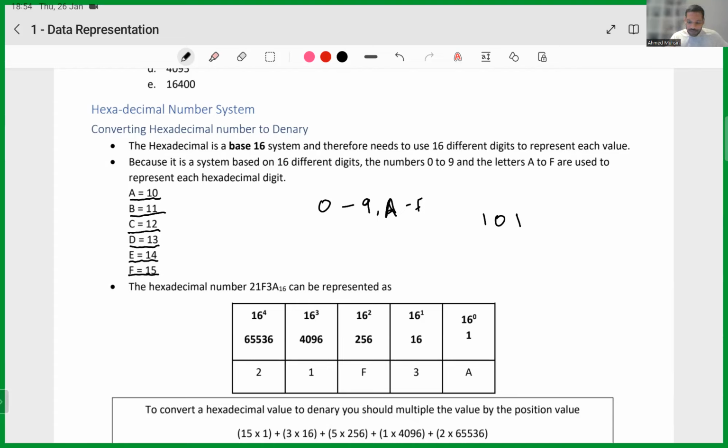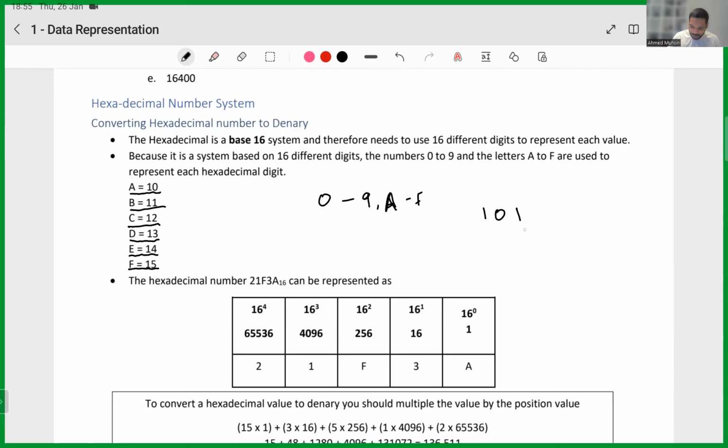In computer science, this number can be a decimal number, a binary number, or even a hexadecimal number. So it's very important that you write the base, so that the examiner reading it knows which number format you are using. If you put base 16, the person reading it immediately knows this is a hexadecimal number. So the base is very, very important.